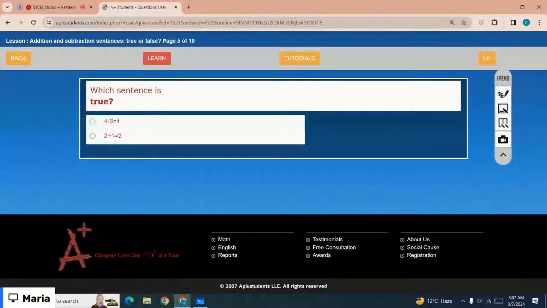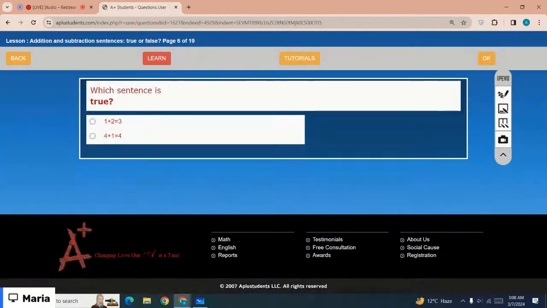Which sentence is true? 4 take away 3 equals 1 or 2 plus 1 equals something else. Which is the correct option? The correct option is 4 take away 3 equals 1. Option number 1 is the correct option, right? Which sentence is true? 1 plus 2 equals 3, 4 plus 1 equals 4.